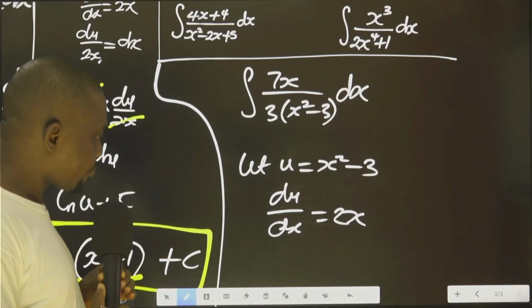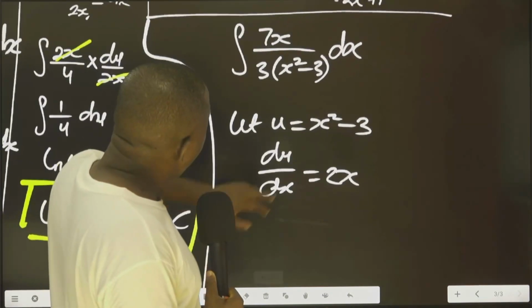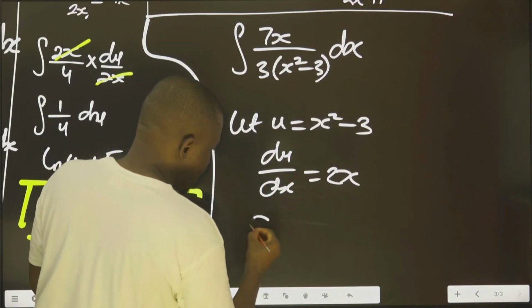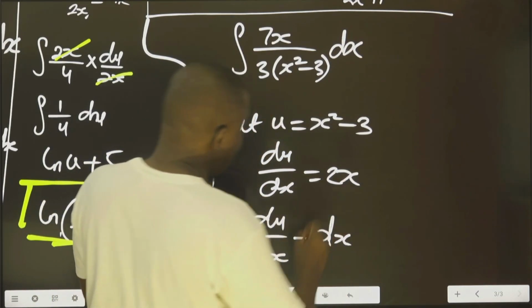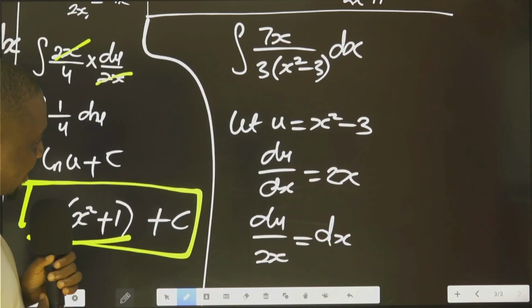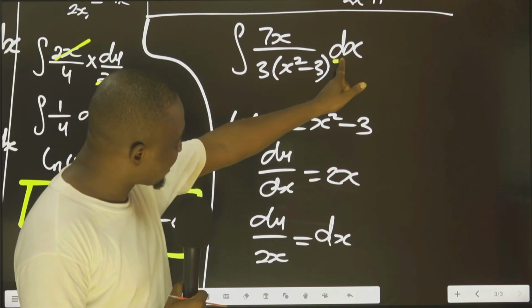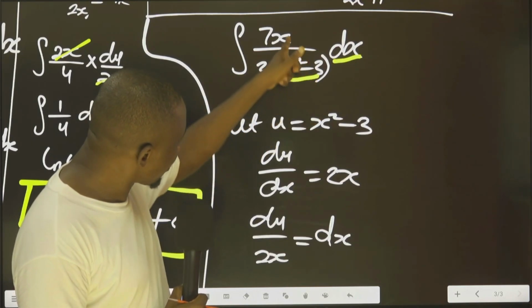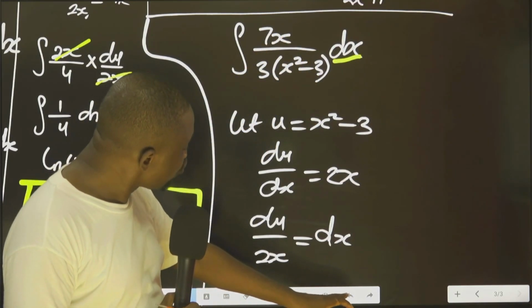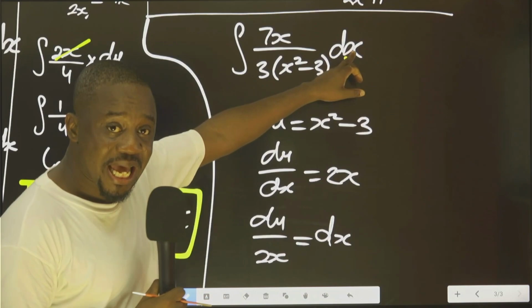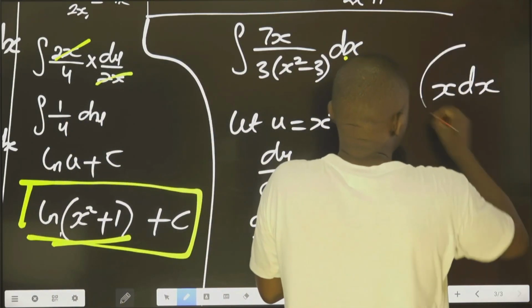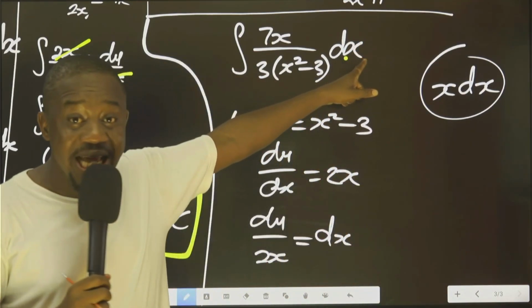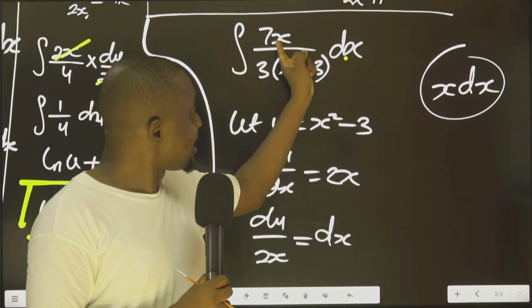Now, we want to replace this dx. But the issue is that if we replace x squared minus 3 with u, what about this x? That means we are not meant to only replace x squared minus 3, we must replace x dx.